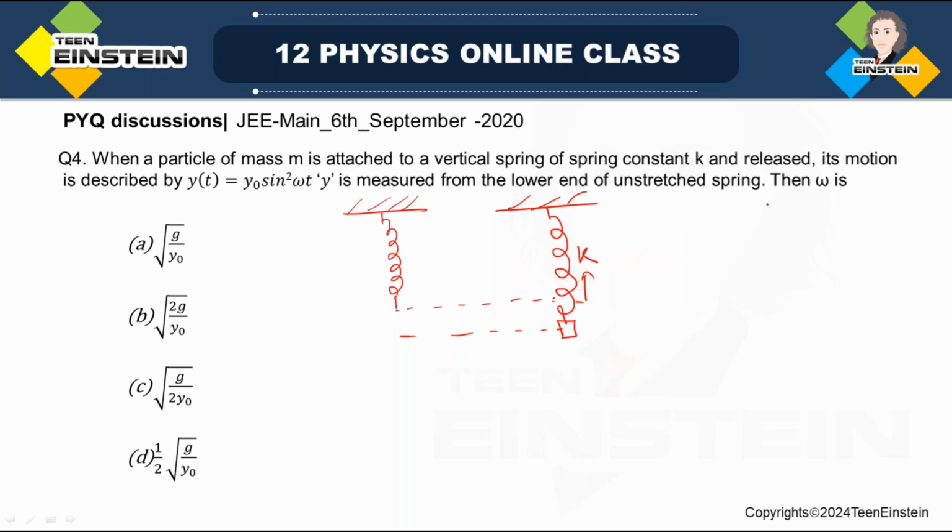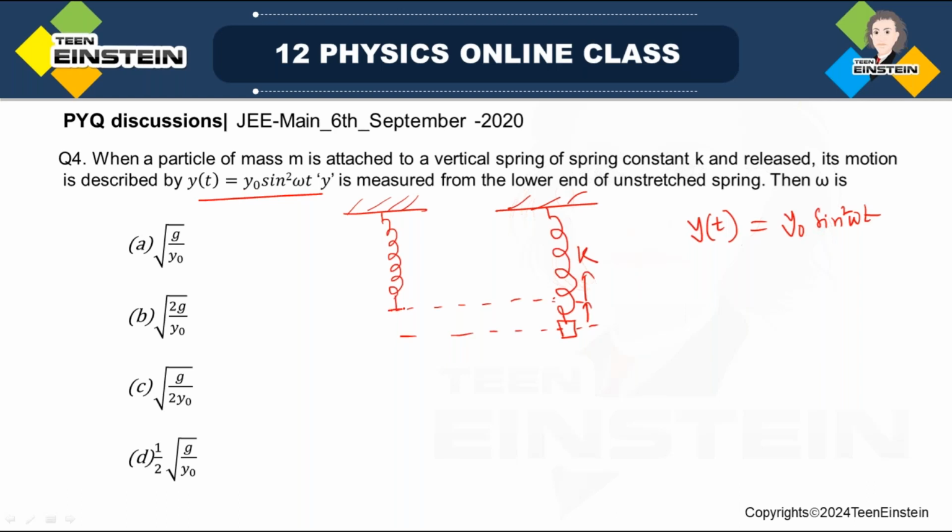We are given that particular oscillation to be described by y of t is equal to y0 sine square omega t from the lower end. Okay, this is the displacement from the lower end.